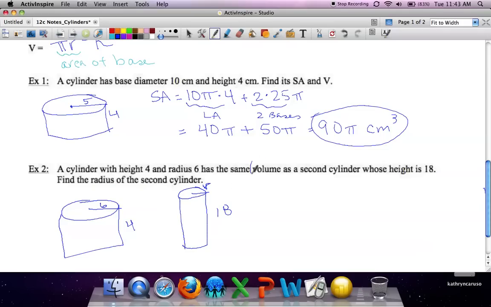Same volume. So can we find the volume of this first cylinder? The volume is the area of the base, which would be 36 pi, times 4.